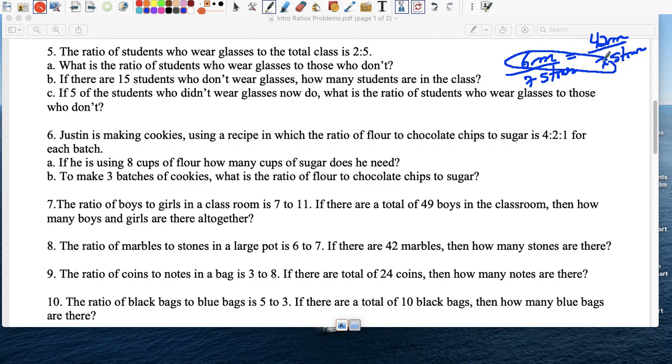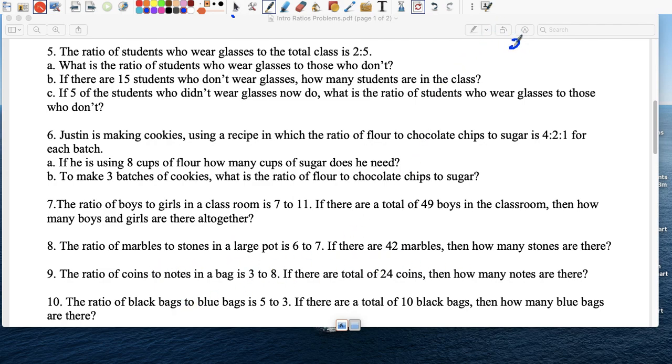So if you cross multiply, you get 6x equals 7 times 42, which is 294. Yeah, completely not necessary here. Divide both sides by 6. 294 divided by 6 equals, x equals 49. So the number of stones is 49. Yeah, I think we needed to cross multiply. Not for this one.